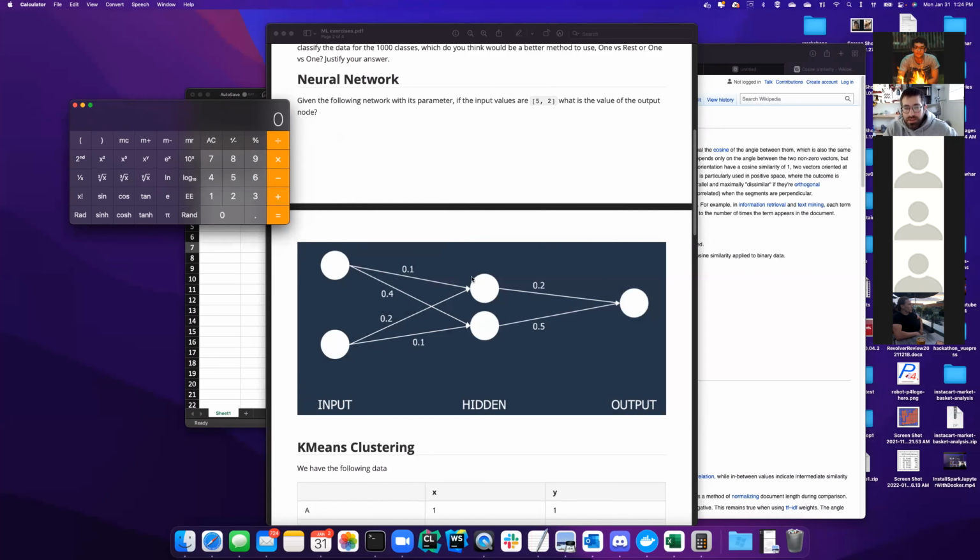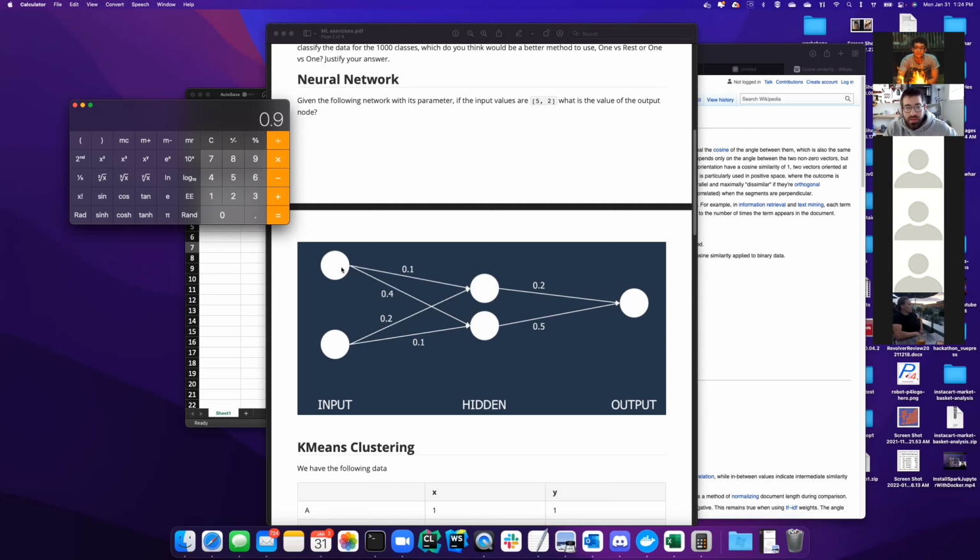We have 5 times 0.1, that's 0.5, plus 2 times 0.2, so that's 0.4, plus the 0.5 coming from here, that's 0.9. So we'll end up here with 0.9.